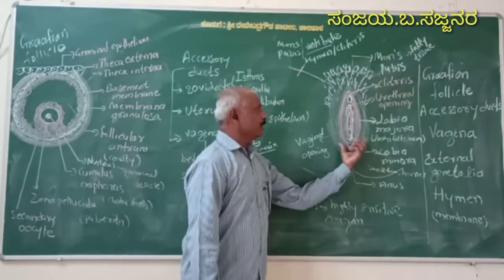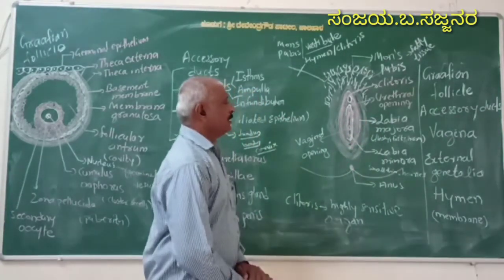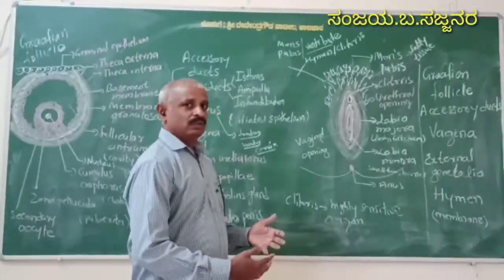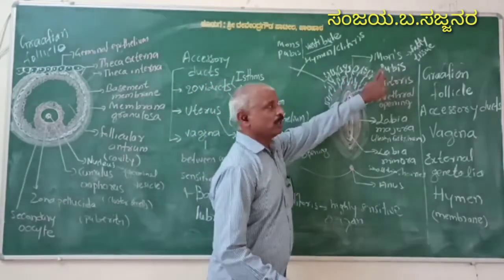You are observing here the structure of the external genitalia. On the outside, the fatty tissue is called the mons pubis.